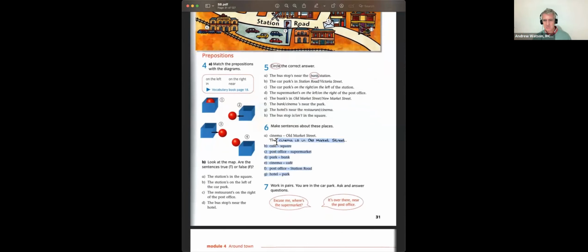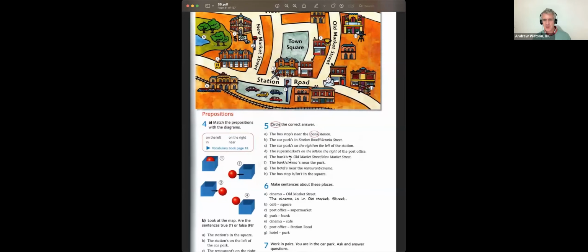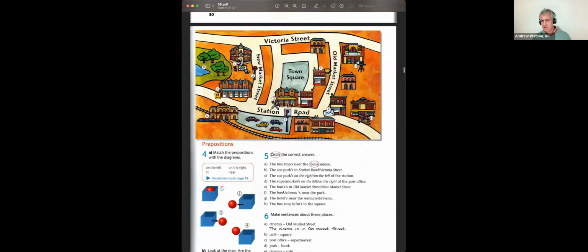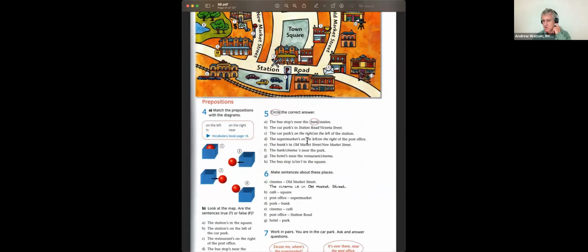Control practice. Make sentences about these places. That could be useful control practice. But make sure that they have access to the map when they're doing the control practice. Otherwise, it'd be difficult.